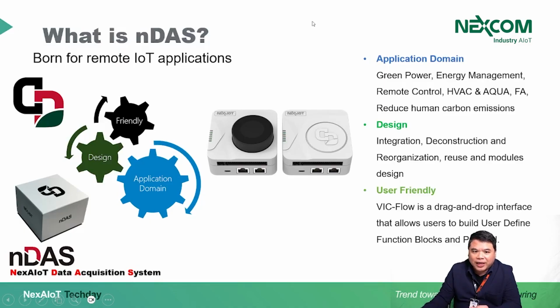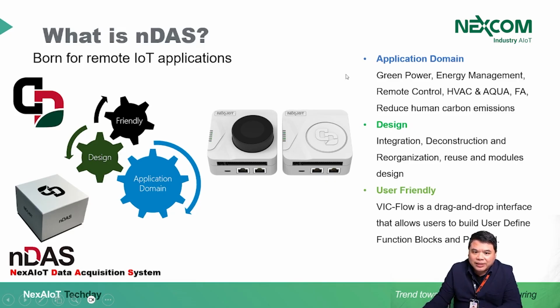nDAS can be used for remote IoT applications. Looking at the package, we use over 90% recyclable and reusable materials. So if in the future you need a product with a very low carbon footprint, nDAS is a good choice.